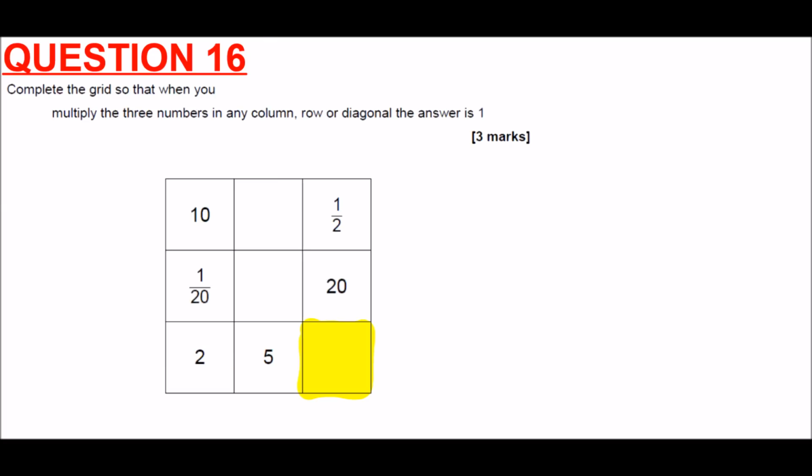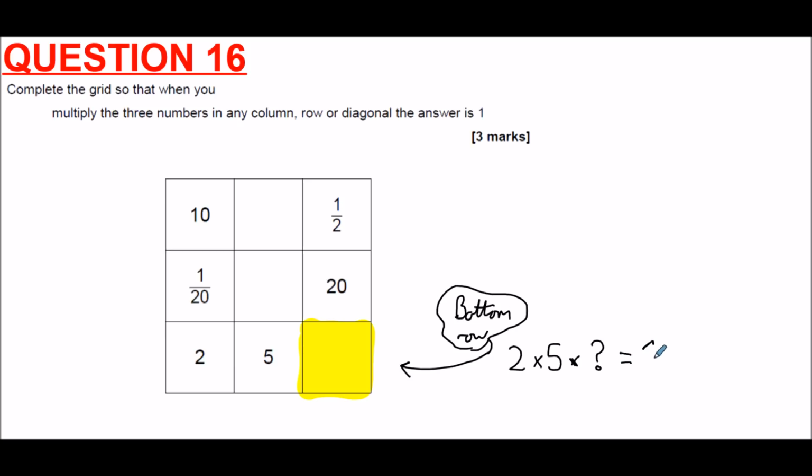So if we look at this bottom row for a second, 2 times 5 times whatever, because we don't know what that is, we could call it X or Y for yellow, doesn't really matter, but 2 times 5 times this one has to equal 1.